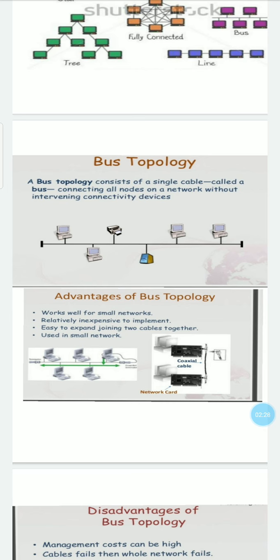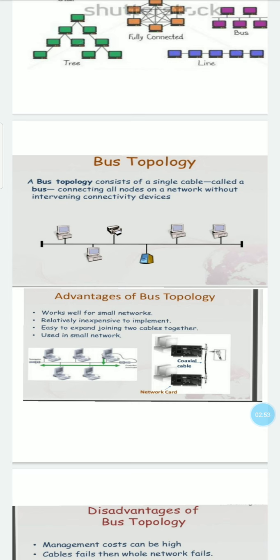Bus topology is a topology for a local area network, that is LAN, in which all the nodes are connected to a single cable. The cable to which the nodes connect is called a backbone. If the backbone is broken, then the entire segment will fail.